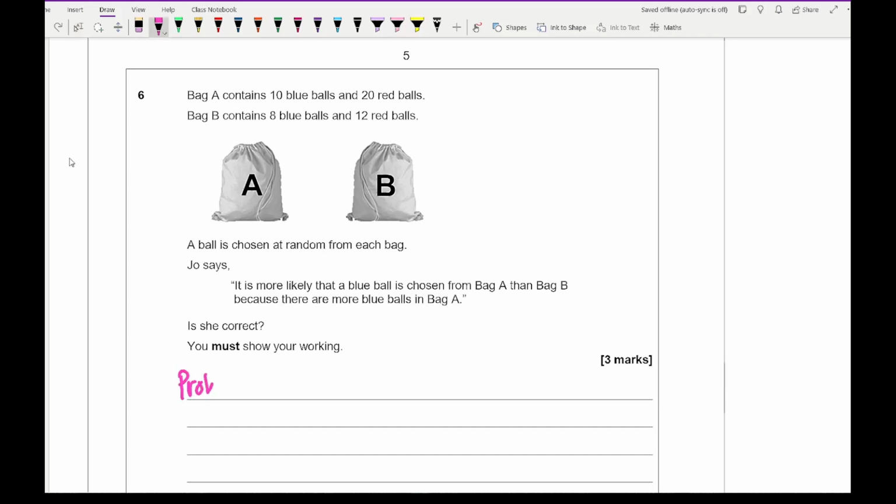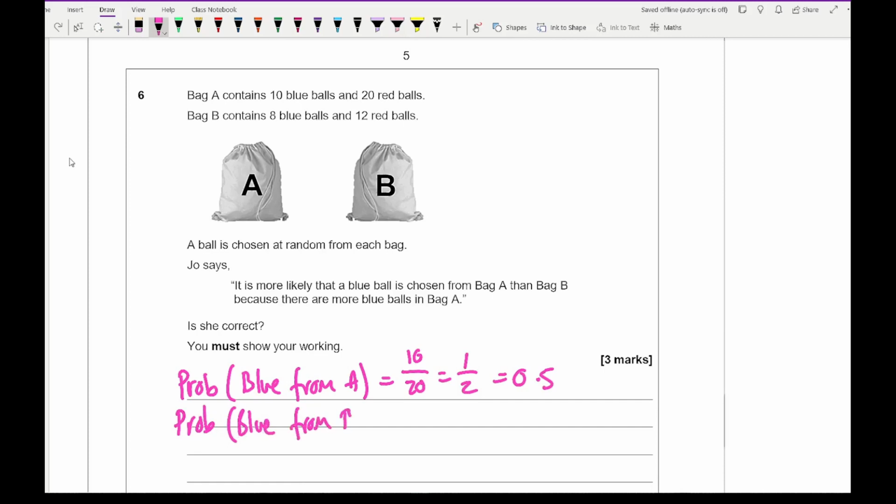The probability of selecting a blue from A is going to be 10 over 20, which is a half, which is 0.5. The probability of selecting a blue from B is going to be 8 out of 12, which is 2 out of 3.